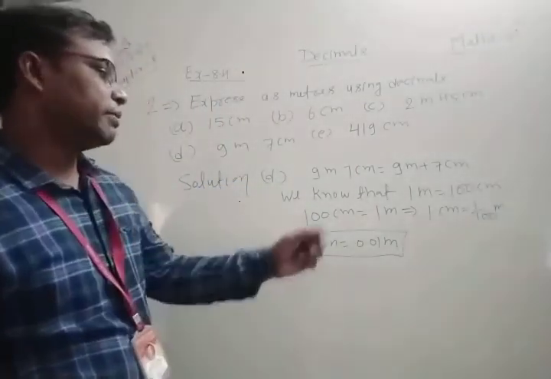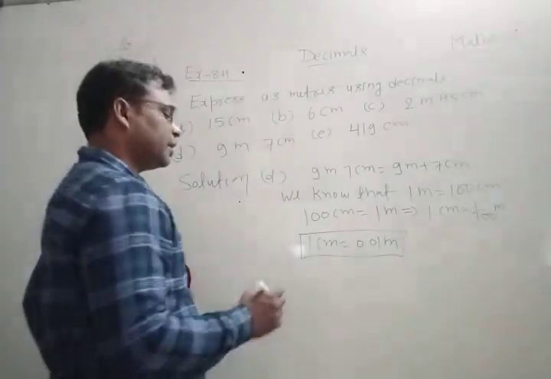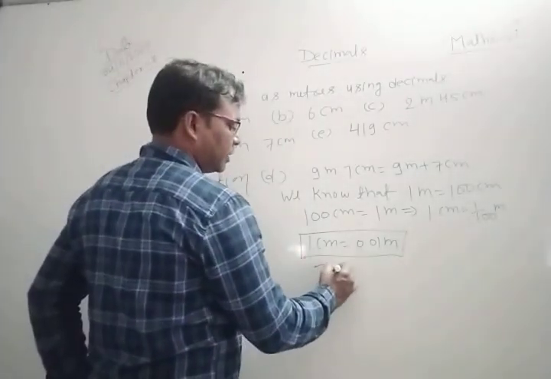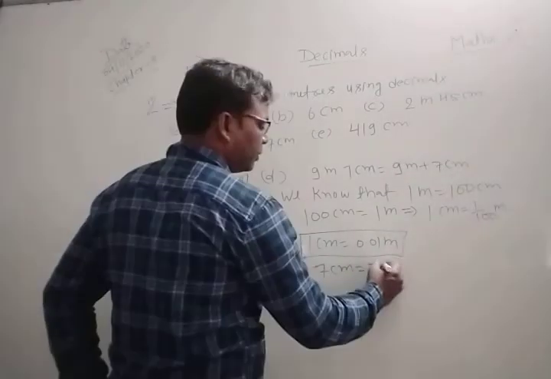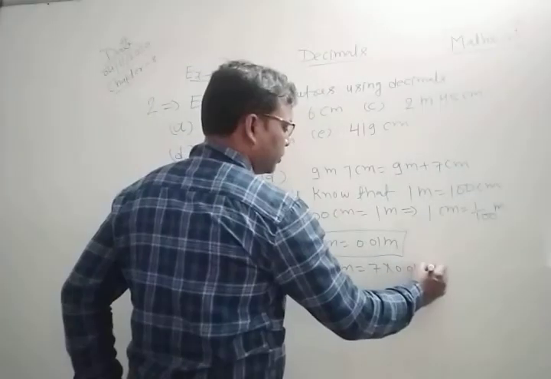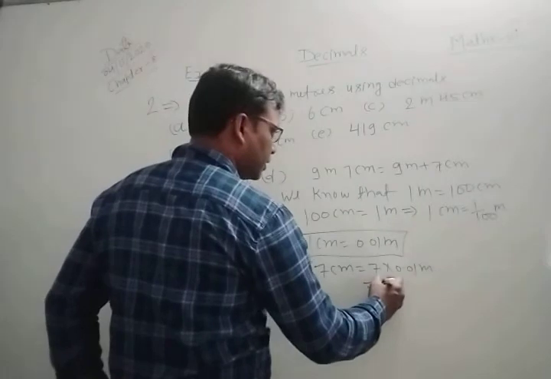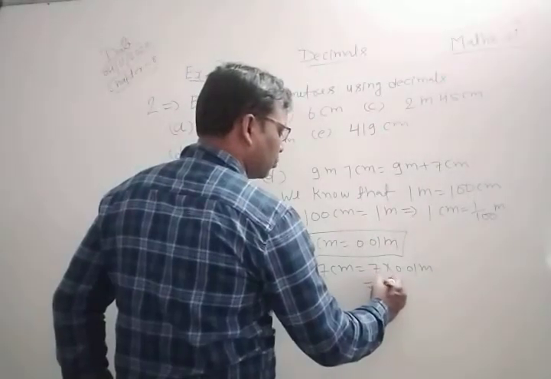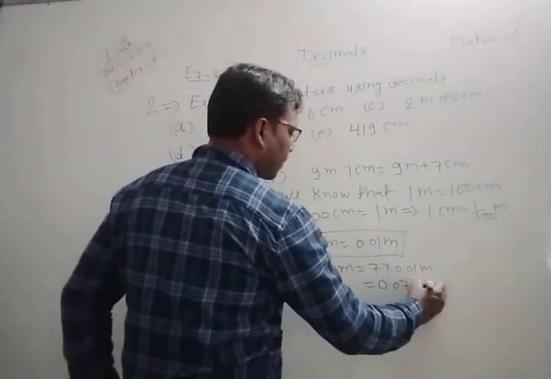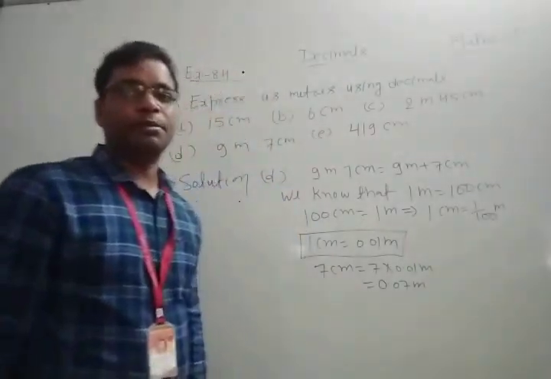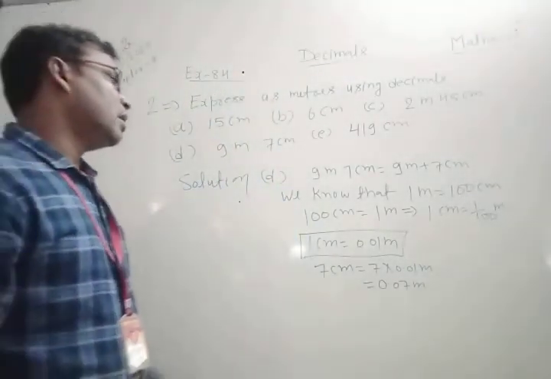But we have only 7 centimeter, so you can write 7 centimeter is equal to 7 into 0.01 meter, or you can say this becomes 0.07 meter. This is clear now.